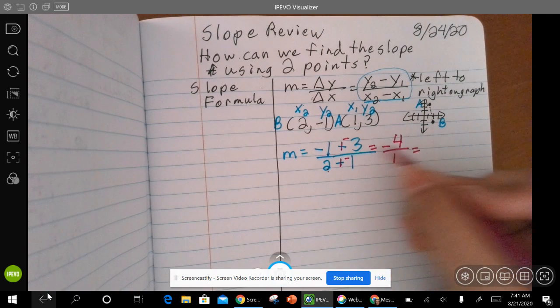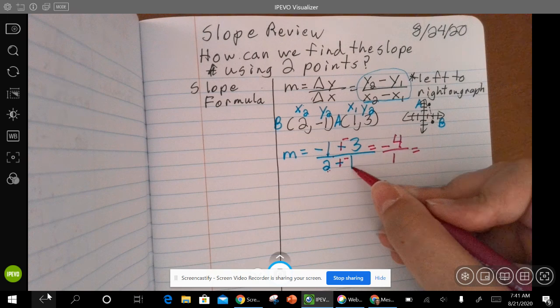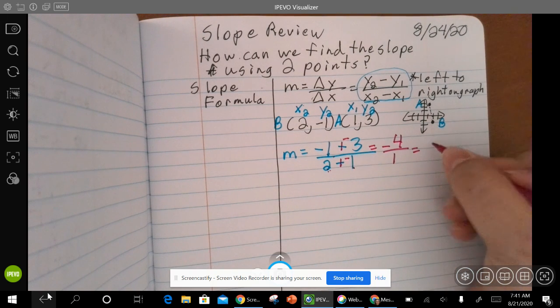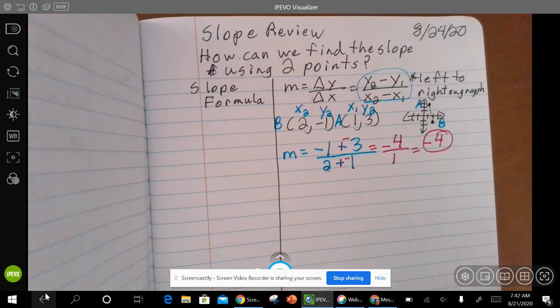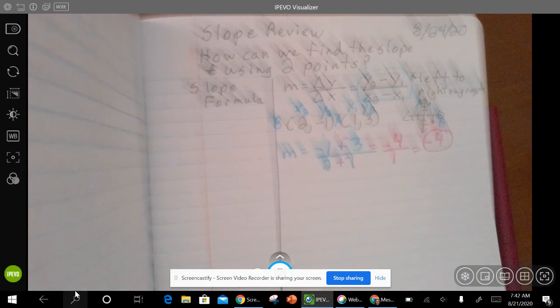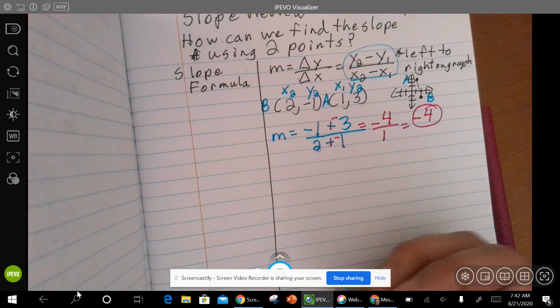Same sign, just add. Opposite sign, subtract. Add the sign of the larger number. So our slope is going to be -4. -4 divided by 1 is -4. Okay, we got this.